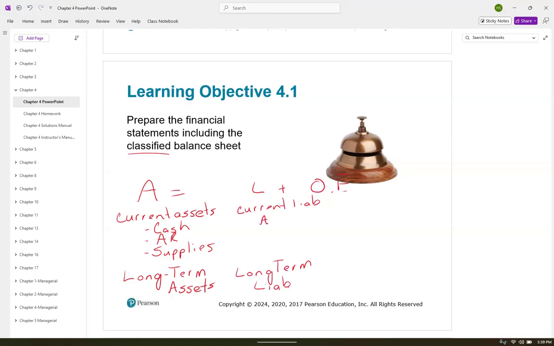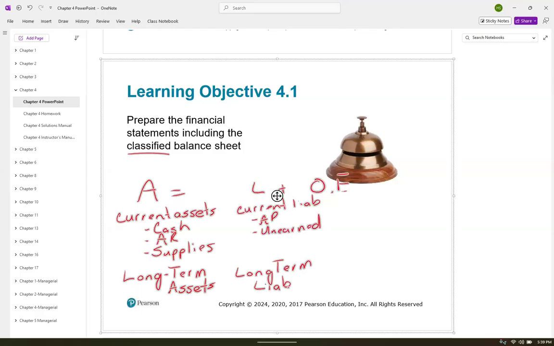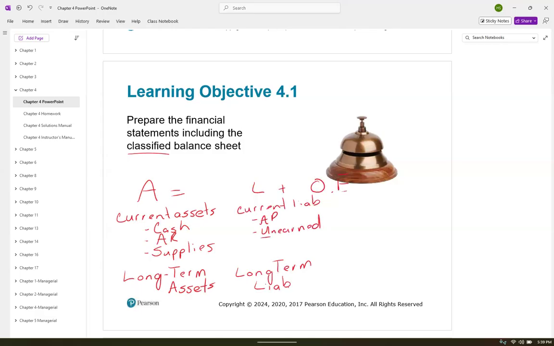That would be like our accounts payable, unearned revenue. Remember, that's a liability because of that little prefix there, UN. Salaries payable, things like that that we are going to pay within the coming year.